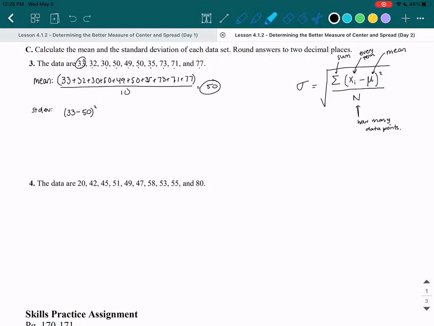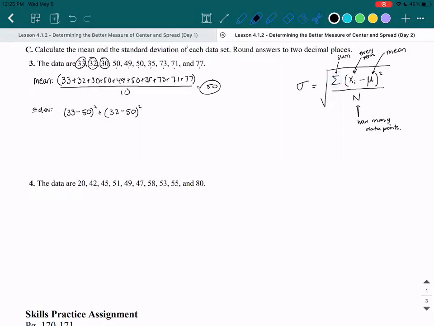And then we're going to do it again with the next term, 32. So 32 minus the mean squared. Notice we're adding it together. That's what this means. That means sum. So that means you're adding everything up together. So we're going to do this again with the next term.